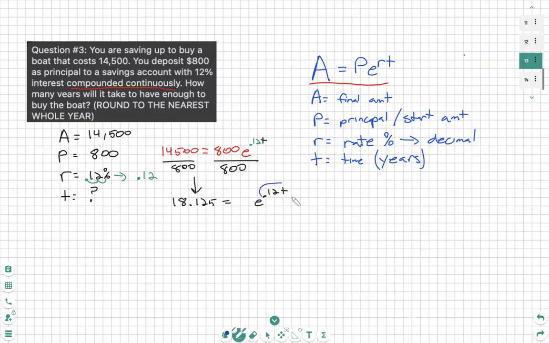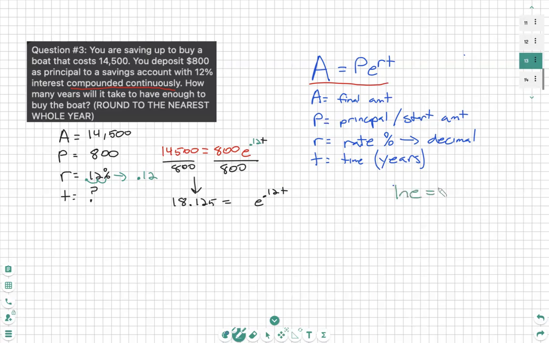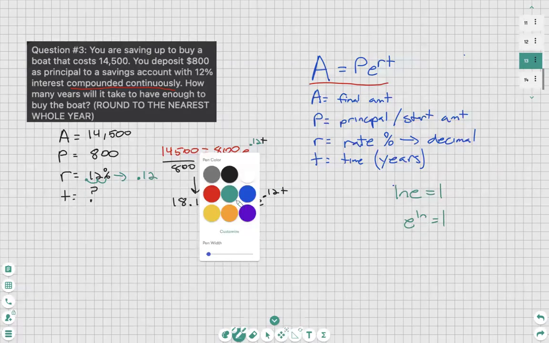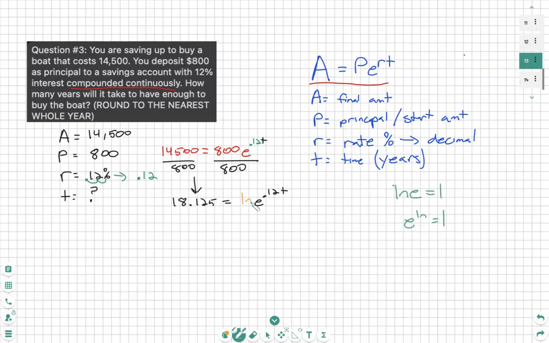If my variable is in the exponent and I need it out of that exponent, I need to do something that's going to do that. I also see I have an e. Well, what I do know is that the ln of e cancels and is equal to 1, or e to the ln also cancels. So in this situation, I'm going to ln both sides.